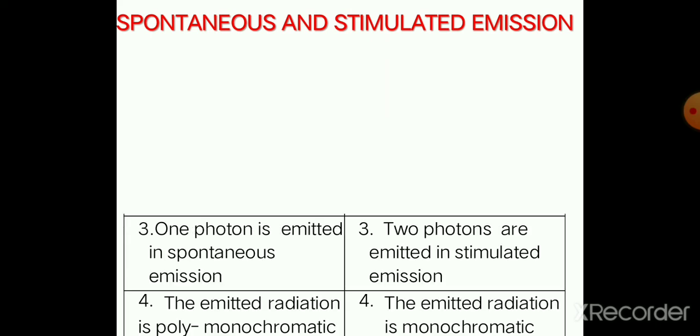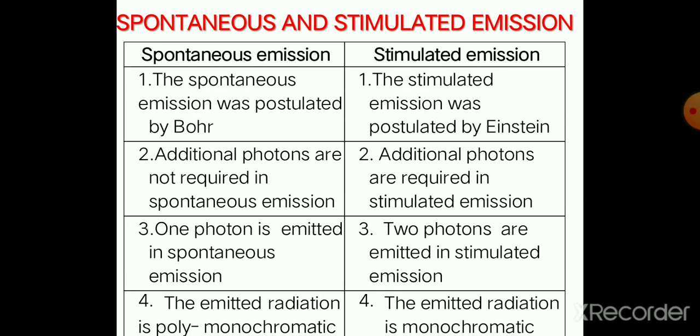Now let us discuss the difference between spontaneous and stimulated emission. First one, spontaneous emission was postulated by the scientist Niels Bohr. Stimulated emission was postulated by the scientist Albert Einstein. Second one, additional photons are not required in spontaneous emission.